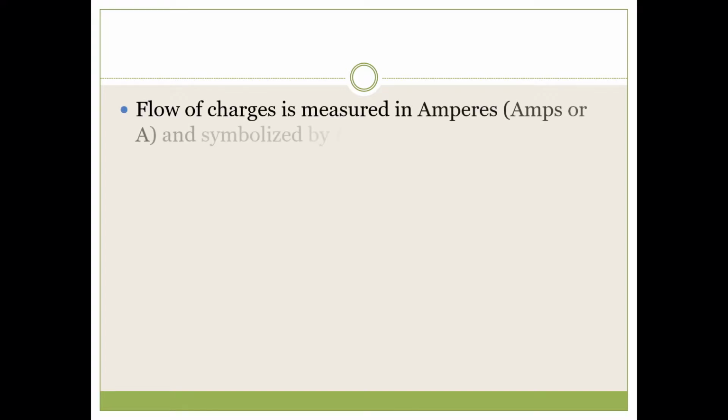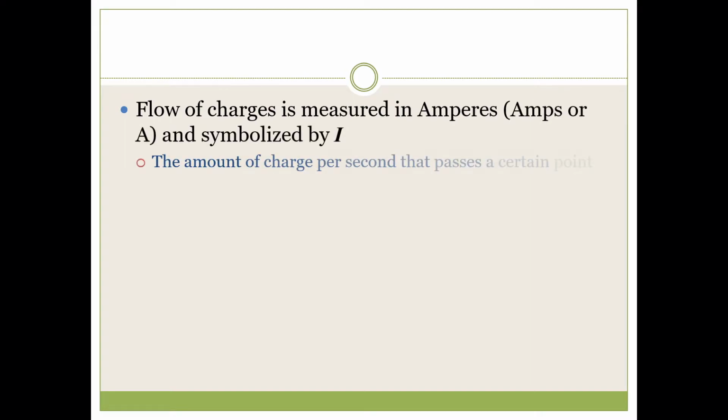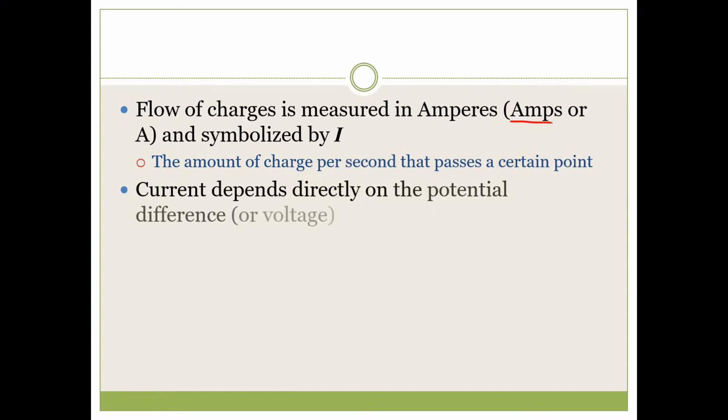Now current, we measure the amount of current that moves. We measure that in a unit called amperes, or amps. It's usually abbreviated as just amps. And this is characterized basically as a flow of charges. So it's basically moving charges that move through.